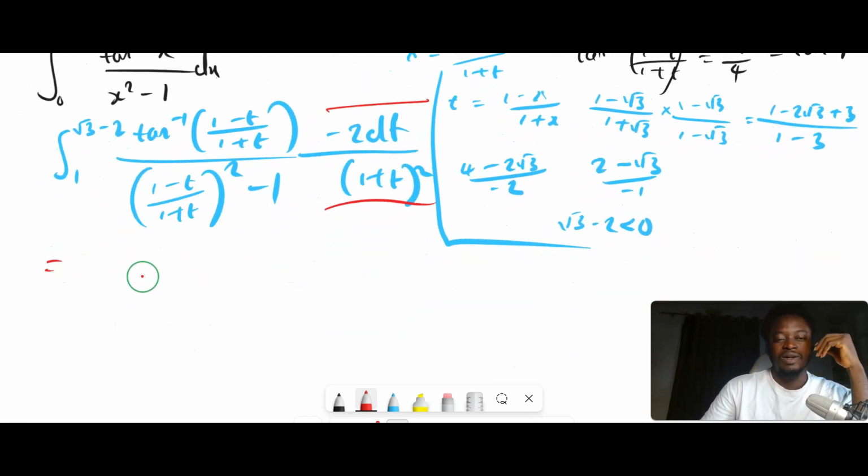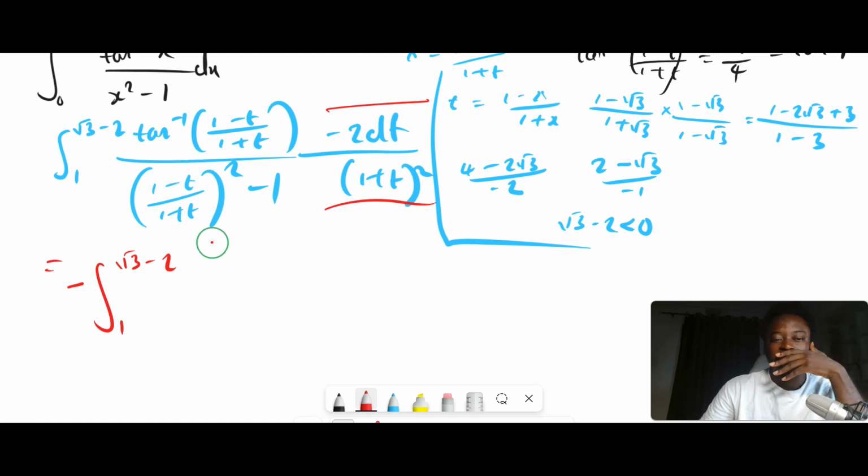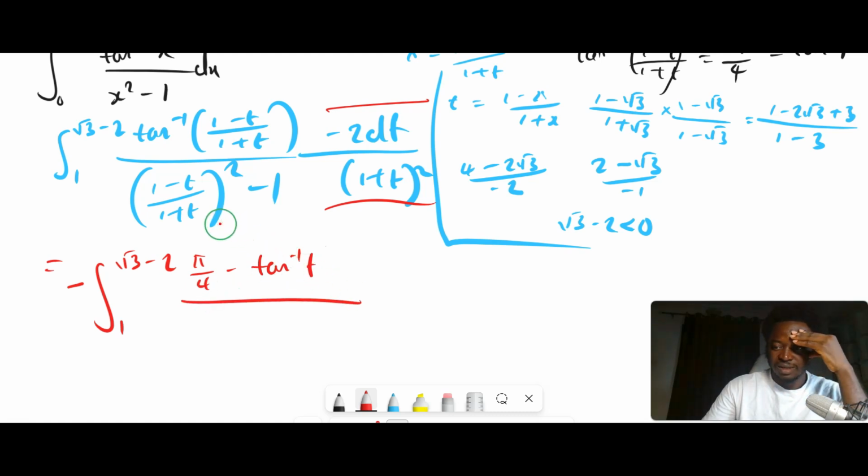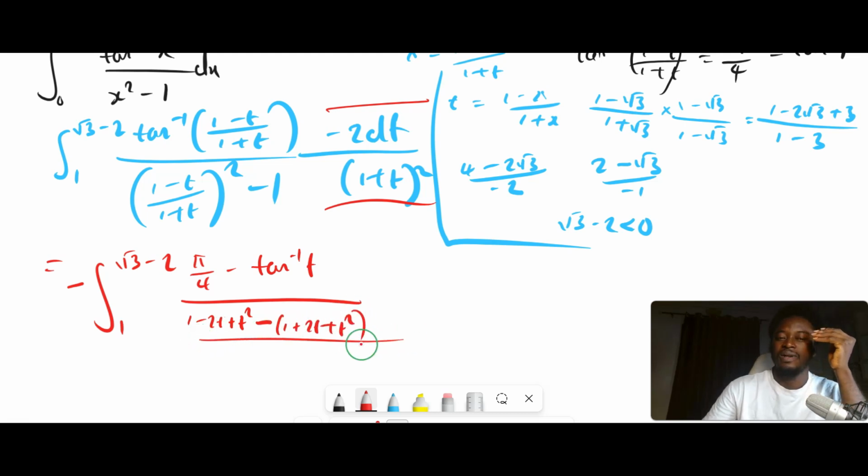But then this would equal the integral from 1 to square root of 3 minus 2. Then this would be pi over 4 minus tan inverse of t, all divided by 1 minus t squared, which is 1 minus 2t plus t squared, subtracted by 1 plus 2t plus t squared, all divided by 1 plus t all squared.